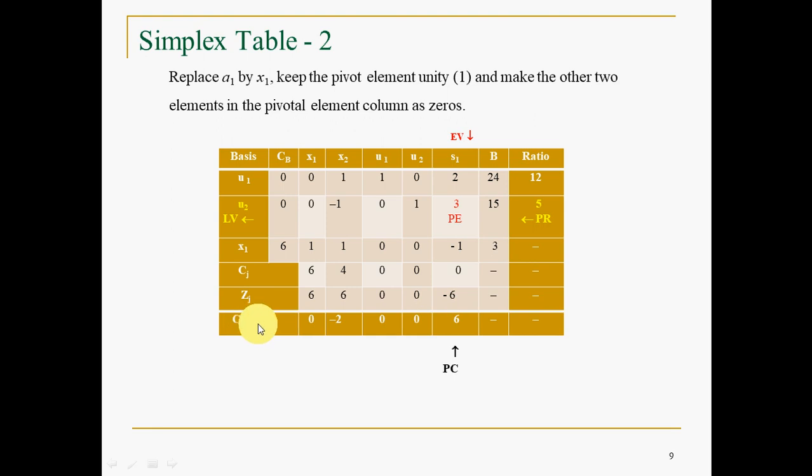The only thing is all Cj minus Zj should be lesser than or equal to 0. If you take Zj minus Cj, nothing wrong, but then the most negative you have to take as PC, and there may be confusion sometimes in taking the most negative. That's why the most positive you can very easily recognize. So hence I have taken Cj minus Zj instead of Zj minus Cj as in many references.